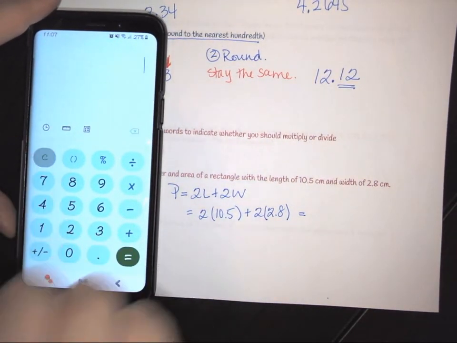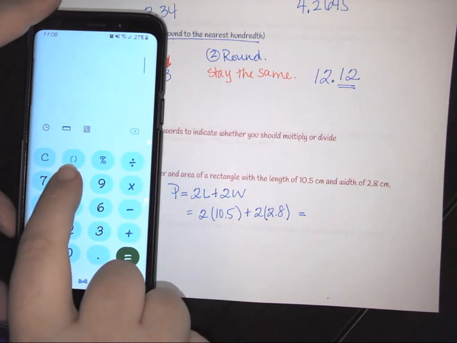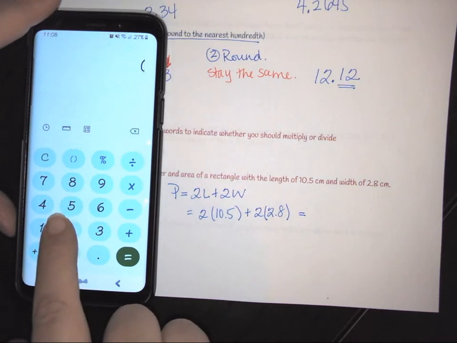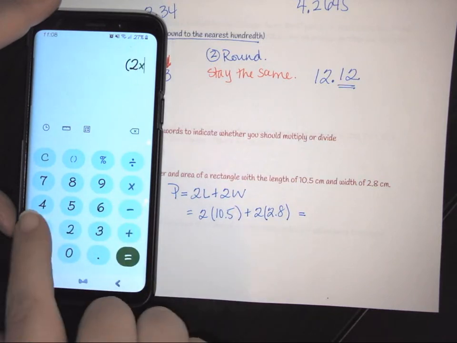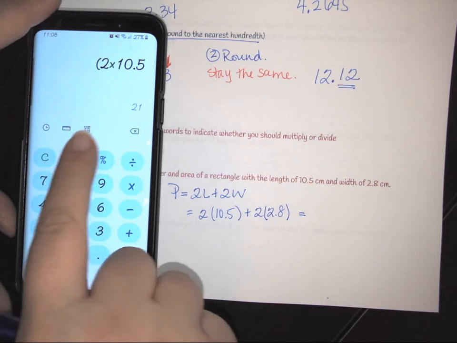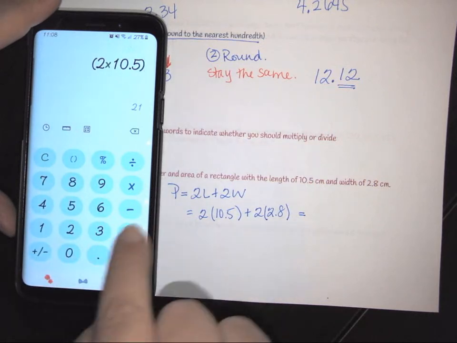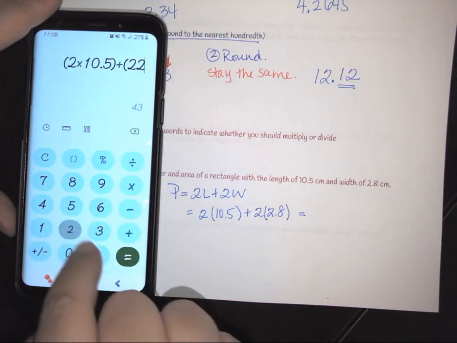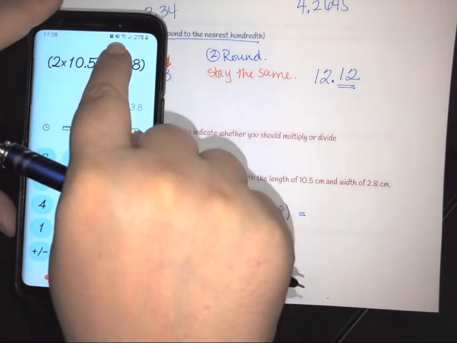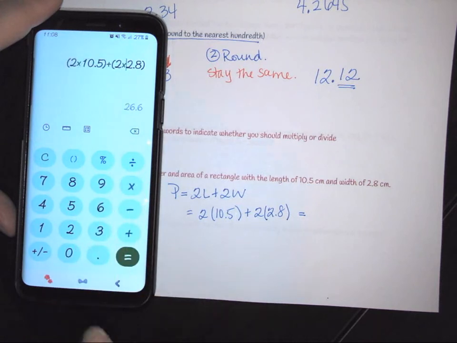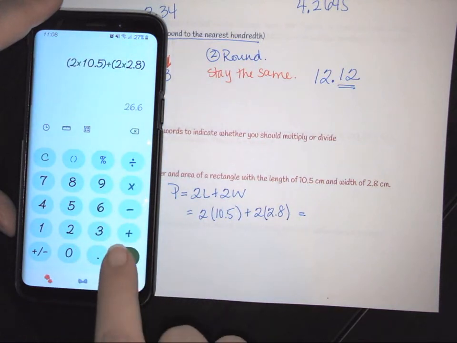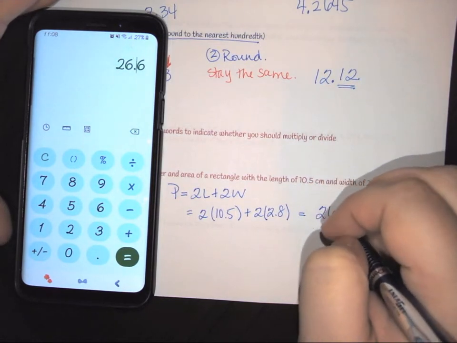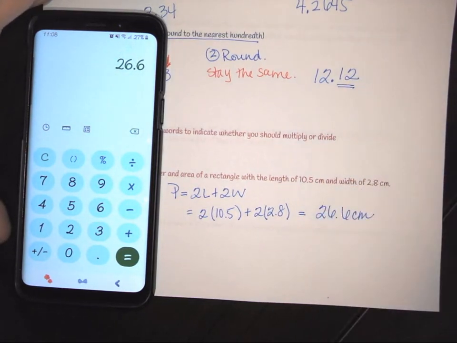The first thing we're going to do is use this little parenthesis sign here to open a parenthesis, and then we're going to do 2 times 10.5. Then we need to close it. We are going to add this to our width, which is 2 times 2.8. And we're going to hit equals. And so this is going to give us our perimeter of 26.6 centimeters.